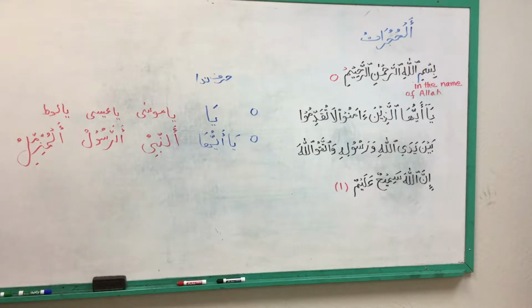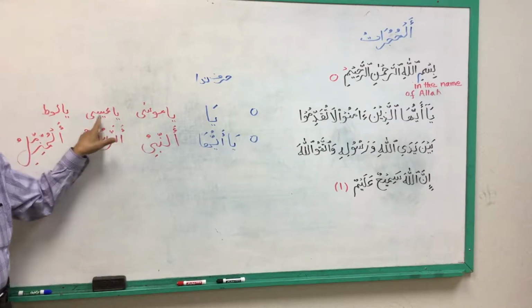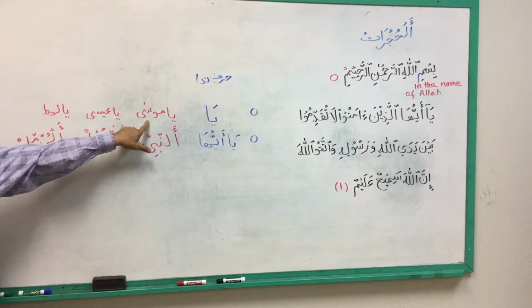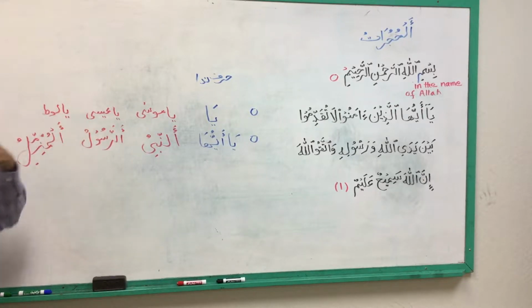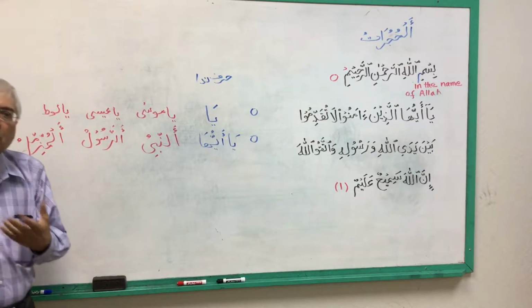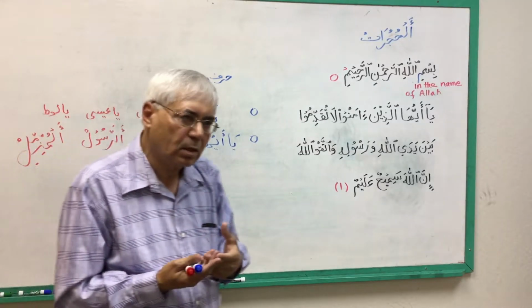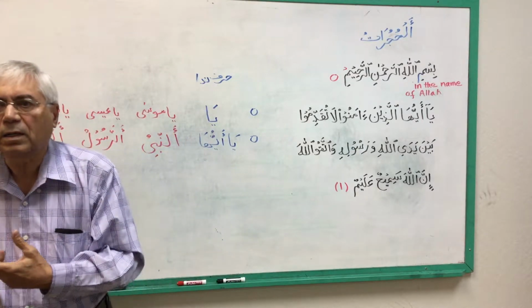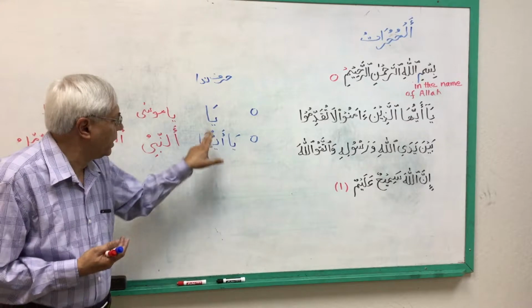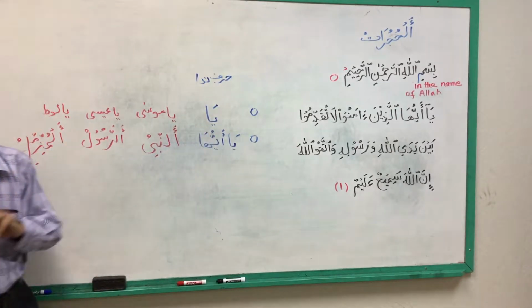Notice that these are proper names. Musa is somebody's name. Isa is someone's name. Ibrahim is someone's name. So when Allah subhanahu wa ta'ala is addressing someone by name, He is using the word Ya.